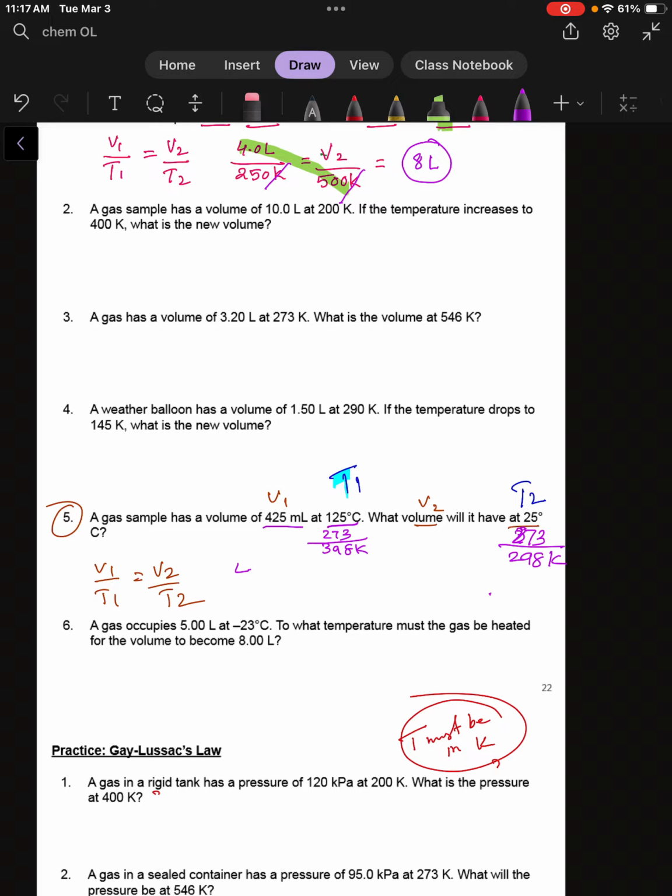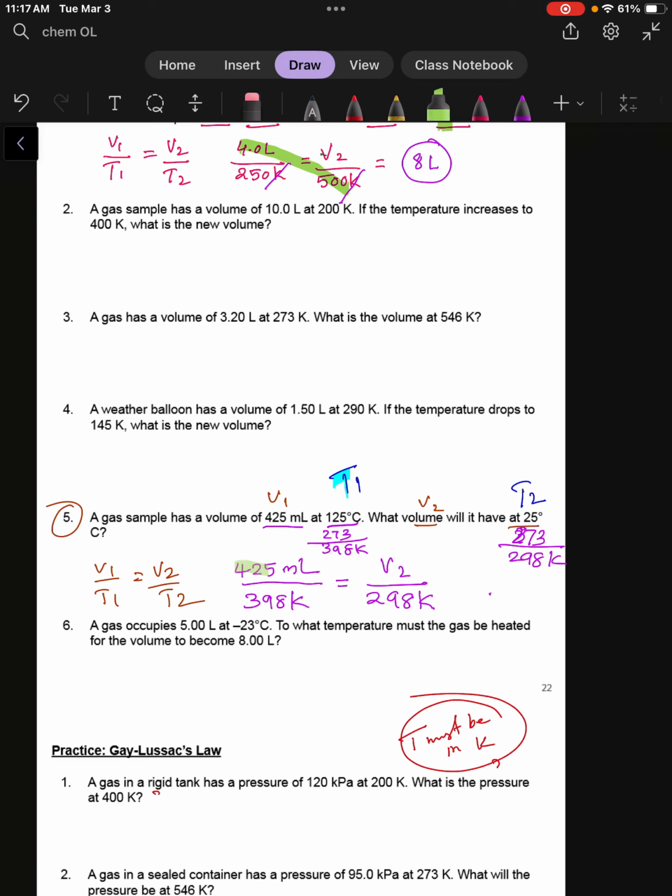Okay, now substitute. You don't need to worry about the volume's unit. If it is in ml, your final answer will be in ml. That's it. For this initial and final, you don't need to worry about. So it will be 25 over 398 Kelvin, which will be equal to we don't know what V2 is, then divided by 298 Kelvin.